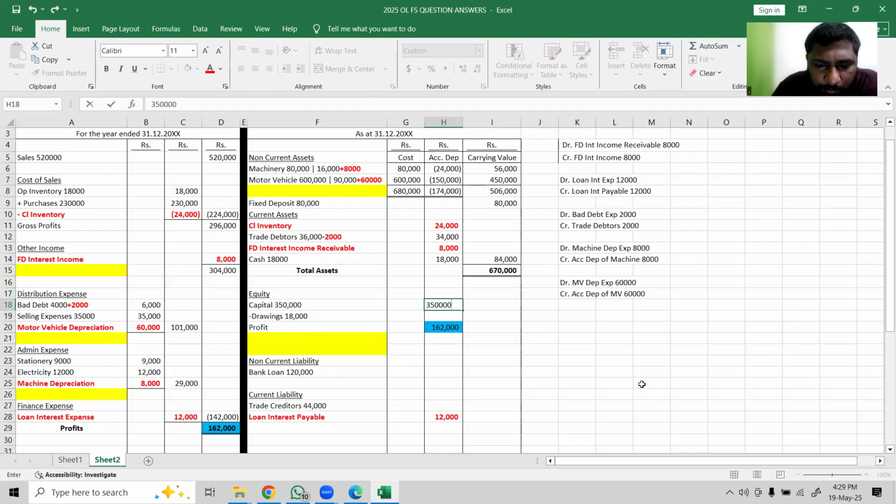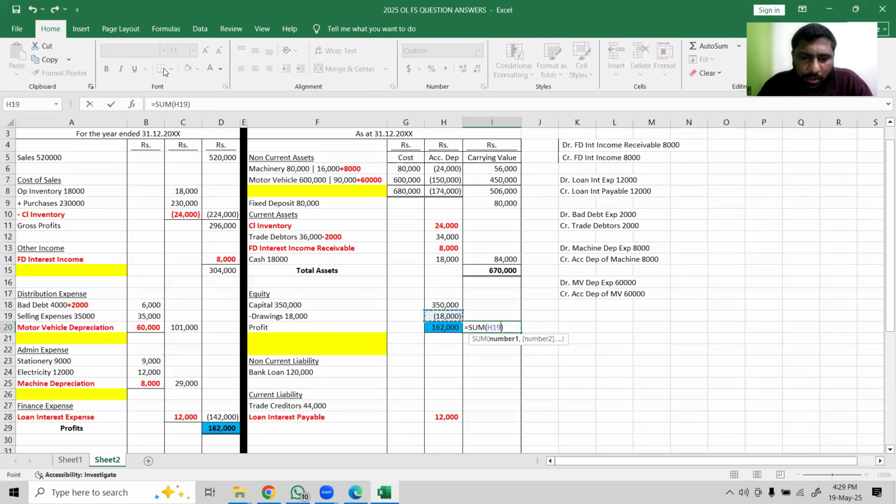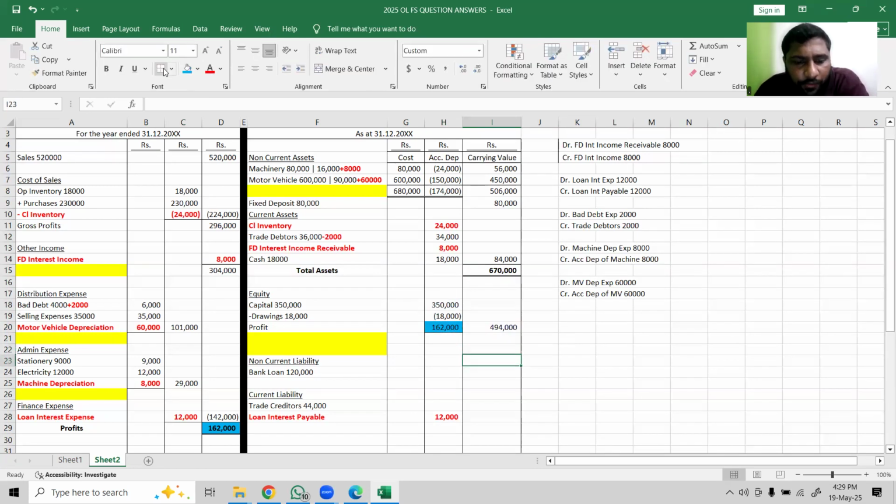Drawings minus 18,000. Total equity 494. Bank loan 120.